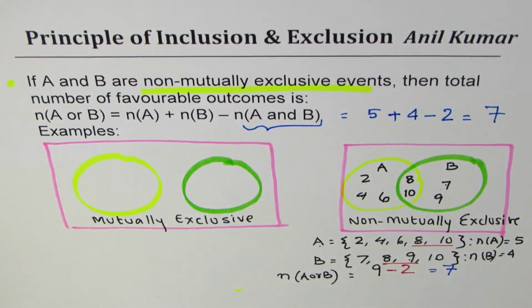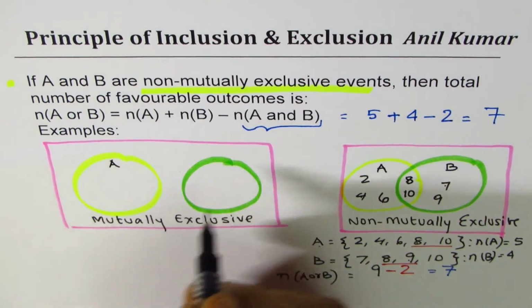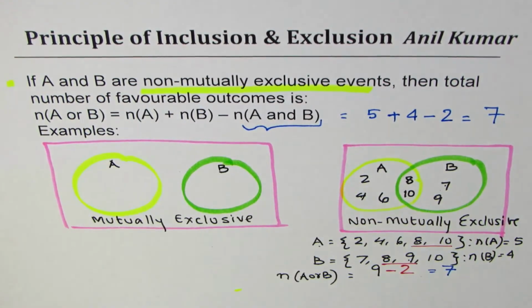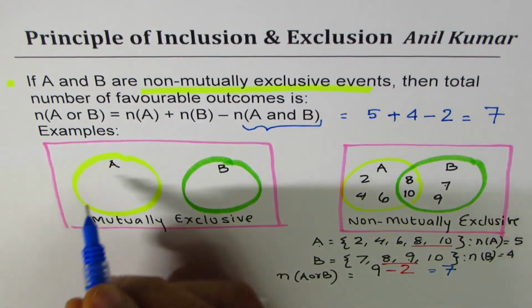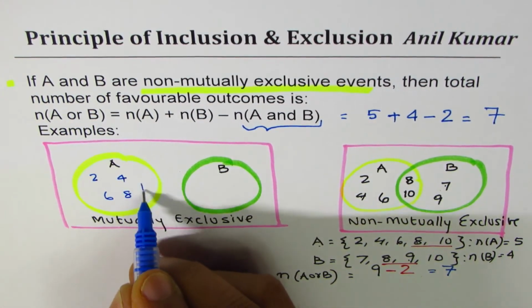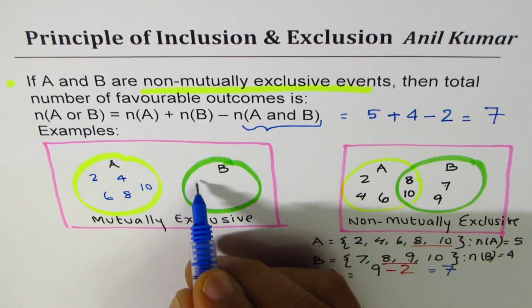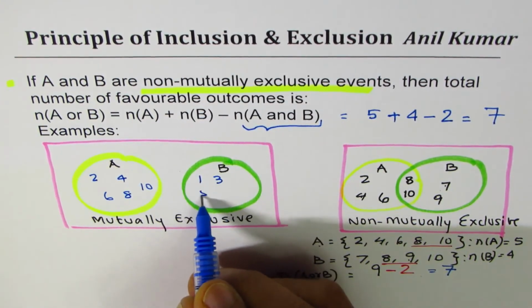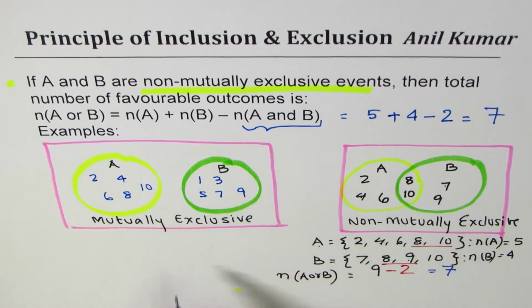Now, I took this example mainly to show you that it works even with different examples. Let's say for A and B, we take numbers as even and odd. So A is 2, 4, 6, 8, and 10, and here we have the numbers 1, 3, 5, 7, and 9.